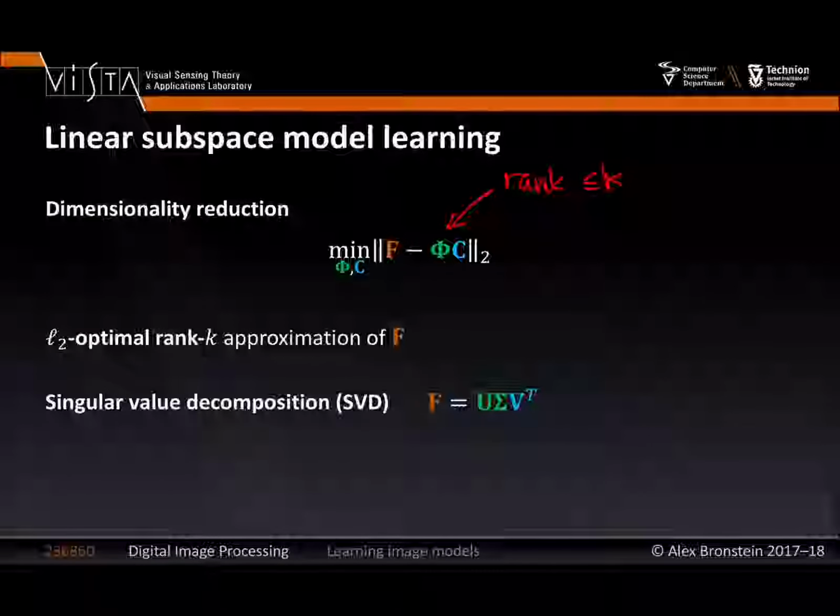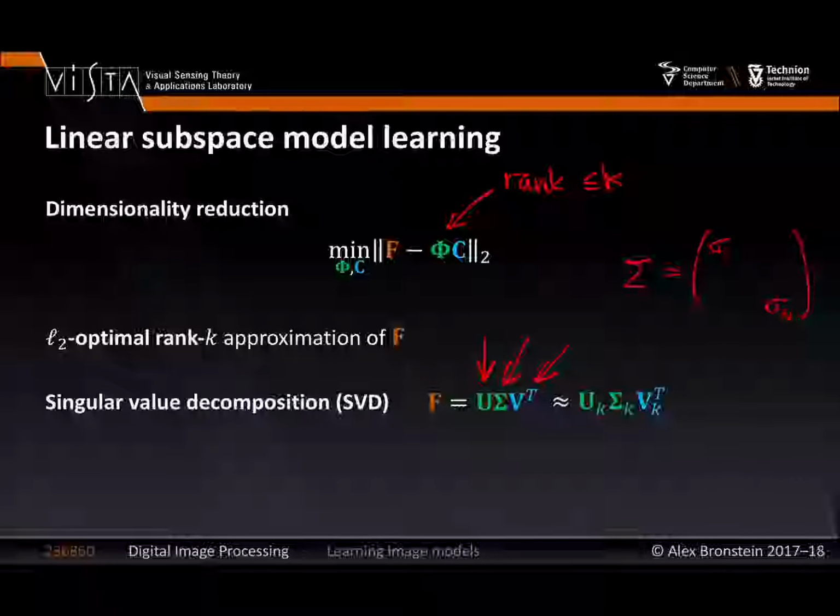When I run singular value decomposition, I can represent any matrix F as this product of an orthogonal matrix U, a diagonal matrix sigma, and another orthogonal matrix V transpose of appropriate dimensions, of course. Usually SVD orders this sigma as sigma 1 to sigma n, and sigma 1 will be bigger than sigma 2, and so on.